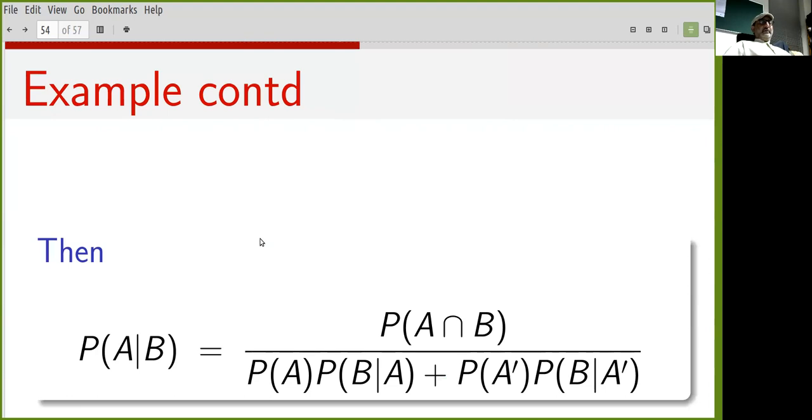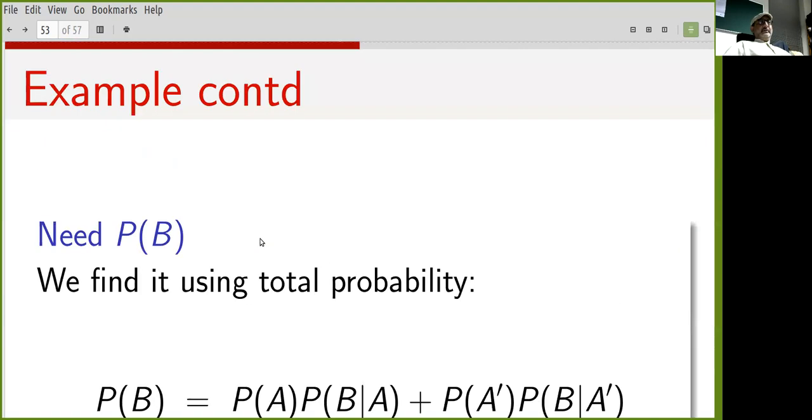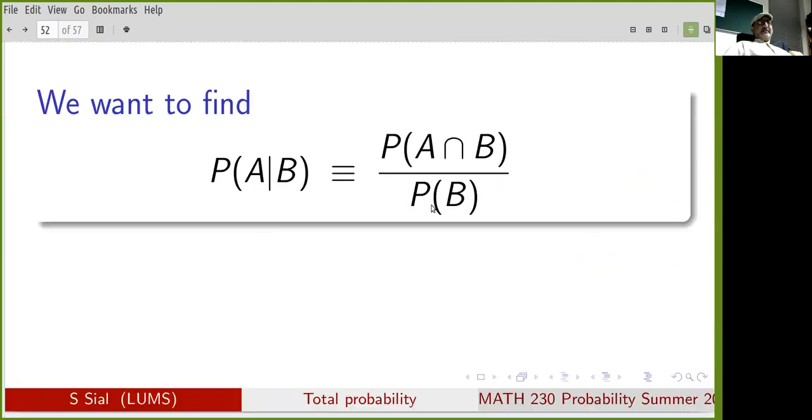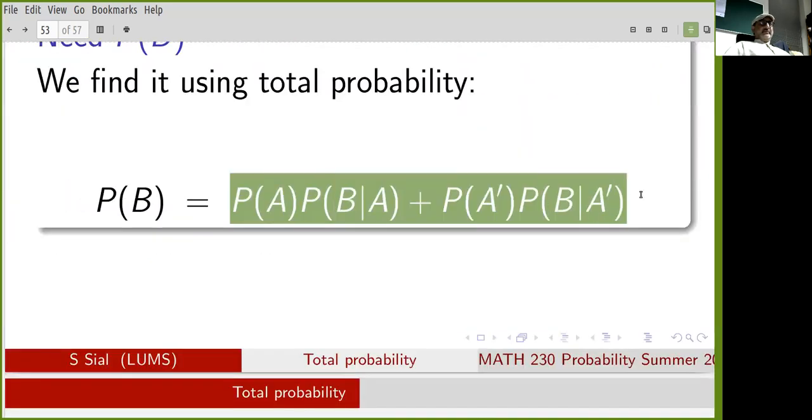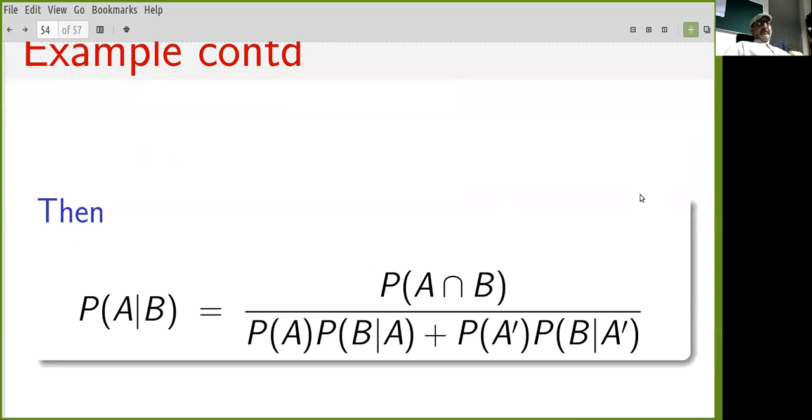Okay. So now we can replace this probability of B in our definition of the conditional probability. We can replace it by this line here, which is total probability. So the probability of A given B is equal to the probability of A intersection B divided by the probability of A times the probability of B given A, plus the probability of A complement times the probability of B given A complement.